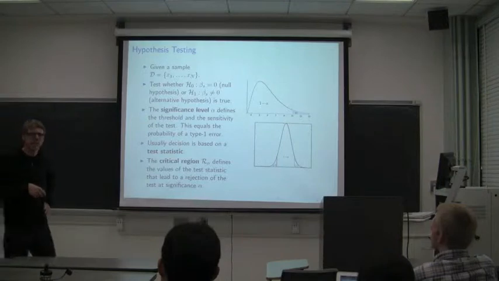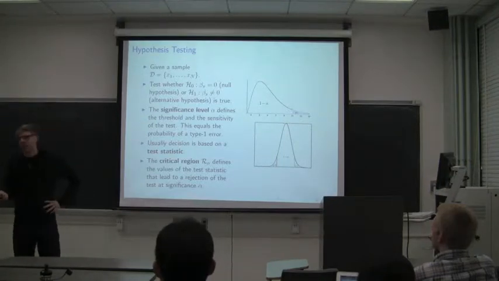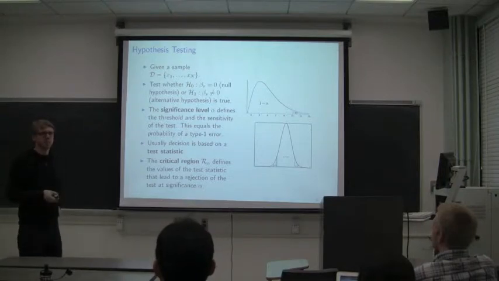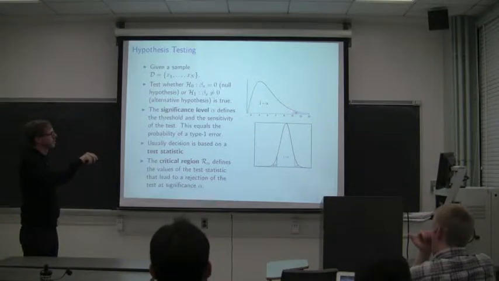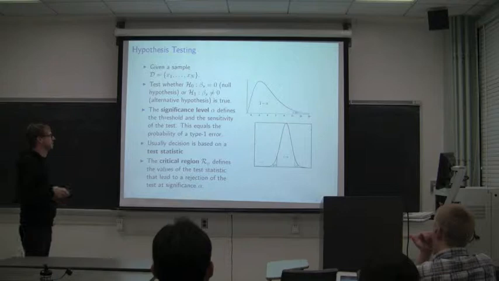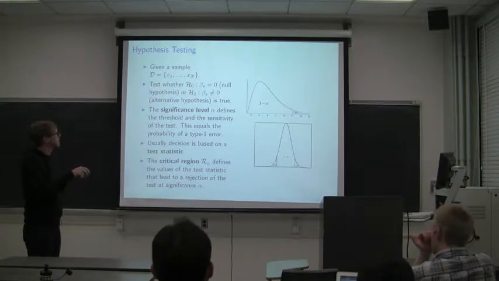It's a region that has values of the test statistic that are very unlikely under the null, such that we accept that the null is quite unlikely. Say if that is 1% of the total probability mass under this function, then it's unlikely enough. That would correspond to a significance level alpha equals 1%.